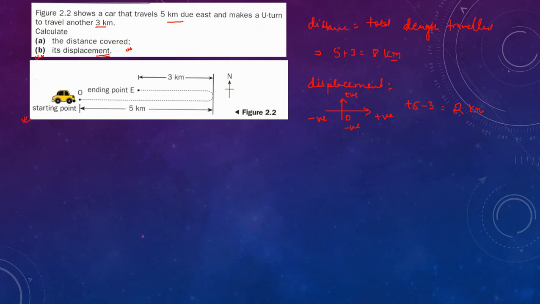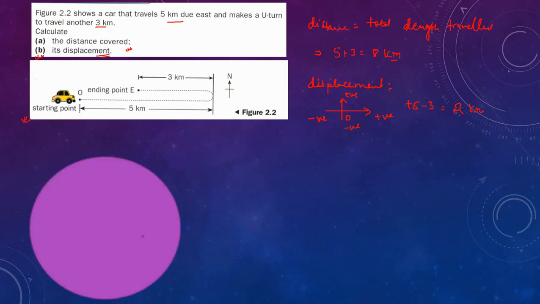Now let's talk about another example: what happens if you're traveling in a circle.